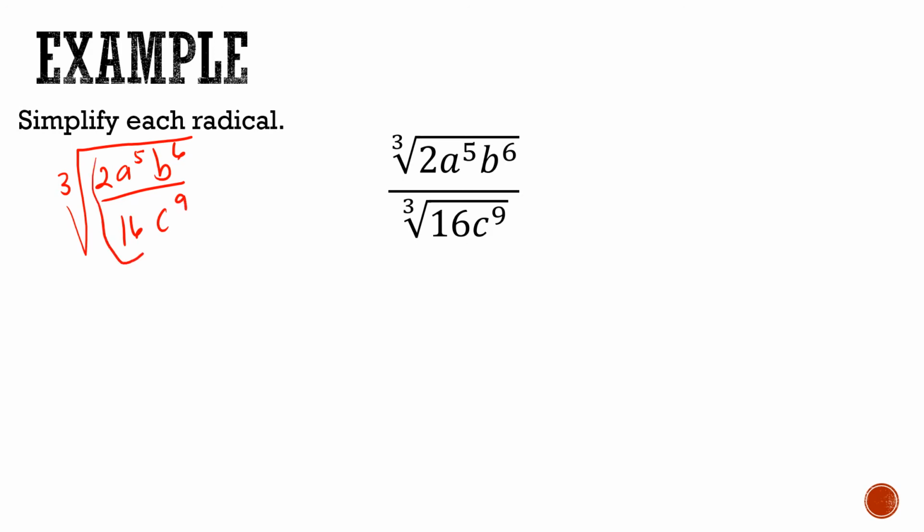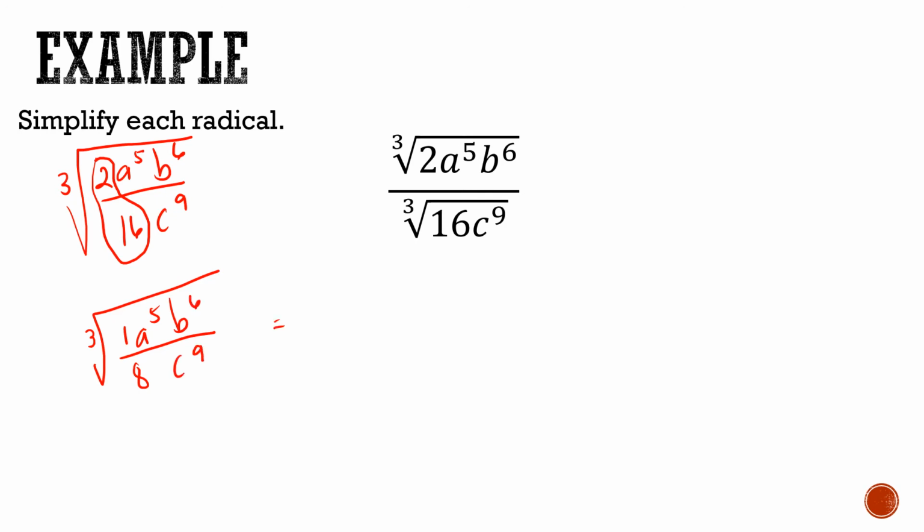So let's first simplify these numbers. 2 and 16 are both divisible by 2. So to get the lowest term, we have the cube root of 1 over 8. Then just simply copy the given variables: a to the 5th, b to the 6th, c to the 9th.